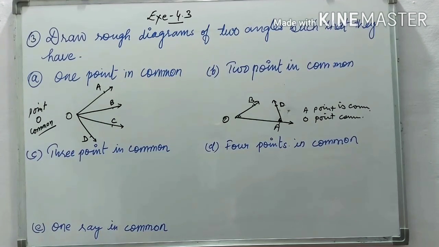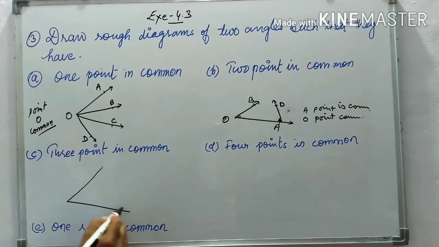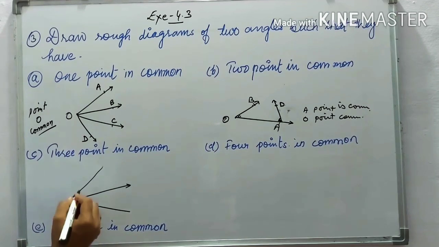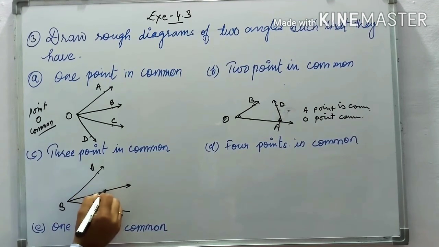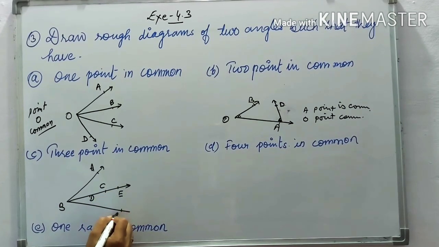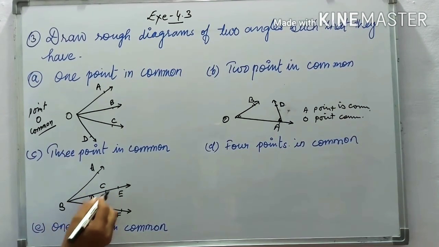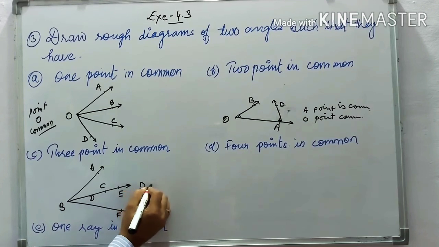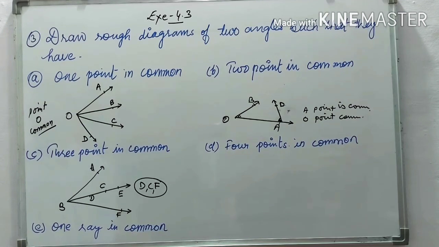And the third case: you also draw that, write any name, no problem. Here A, C, D, E, F. The three points D, C, E are common. Then draw a diagram where four points are common.